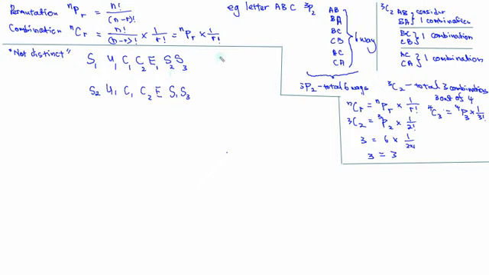Basically, it's like arranging these where they are actually the same. It's very simple. You got S1, S2, S3. How many ways can you arrange this?